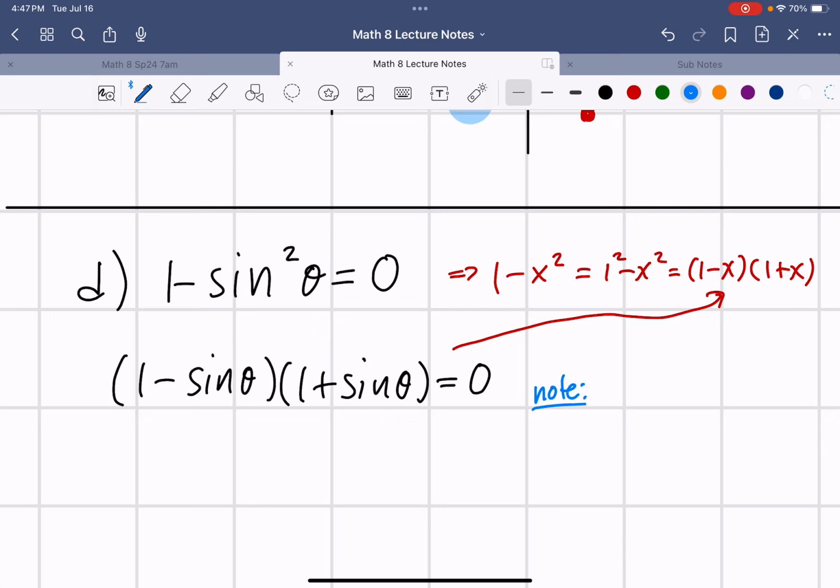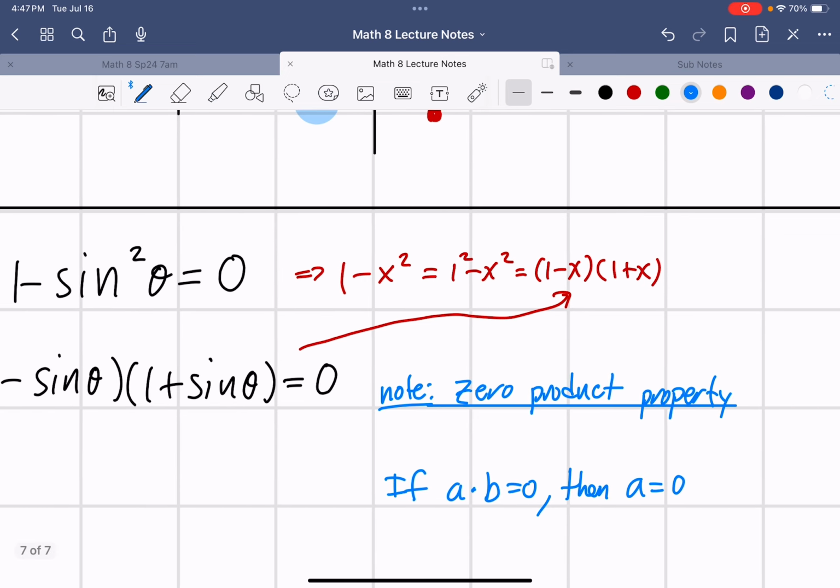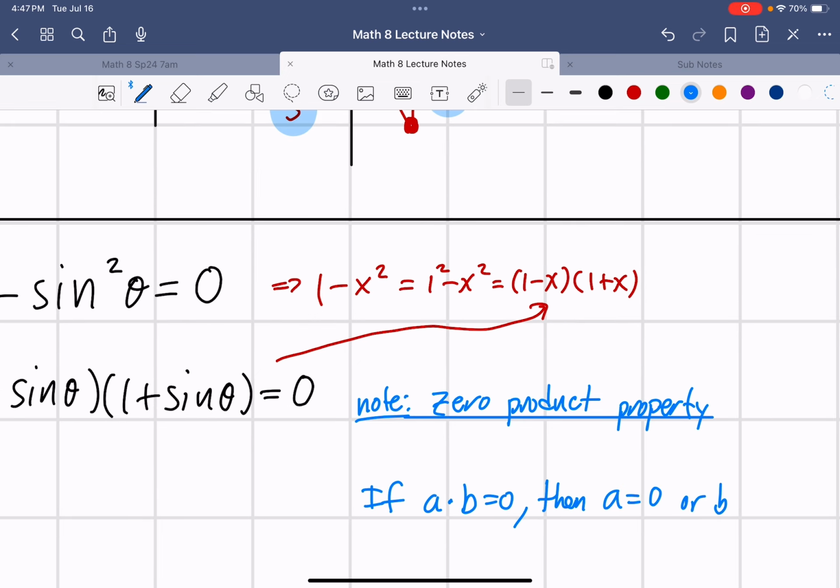It says if a times b is equal to 0, then we take a and set that equal to 0, or b will equal 0.